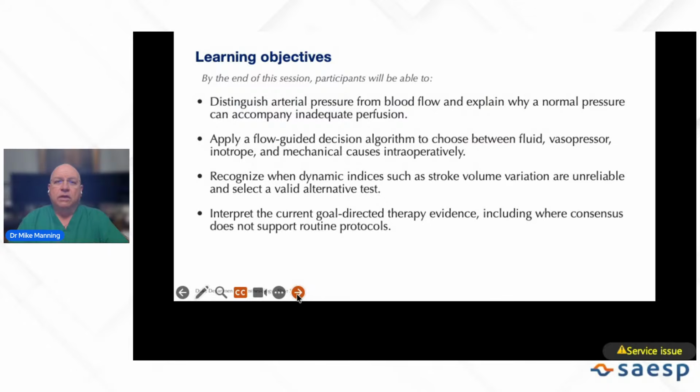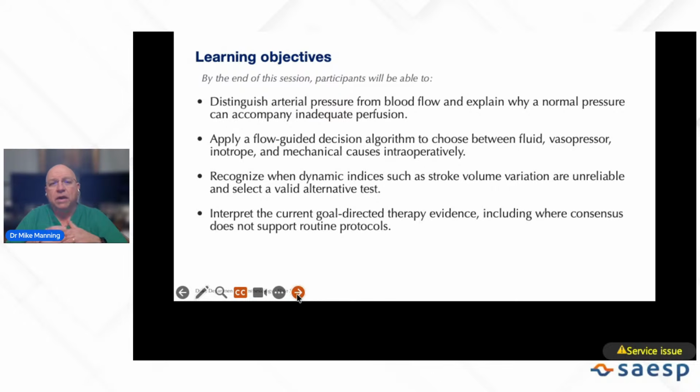So a few learning objectives that I wanted to start off with, and this is how I teach a lot of this physiologic background to our trainees. I want to start off by discussing and distinguishing arterial pressure from blood flow and explain why that normal pressure can accompany inadequate perfusion.